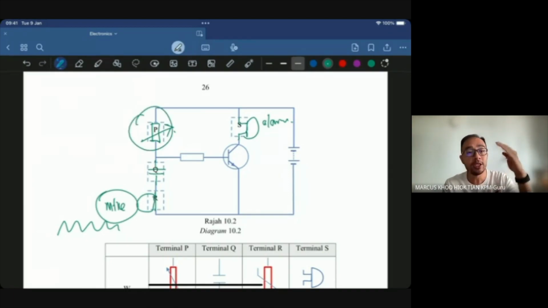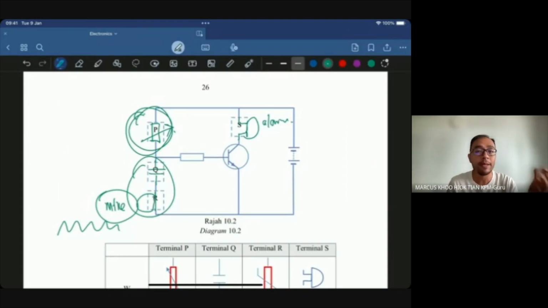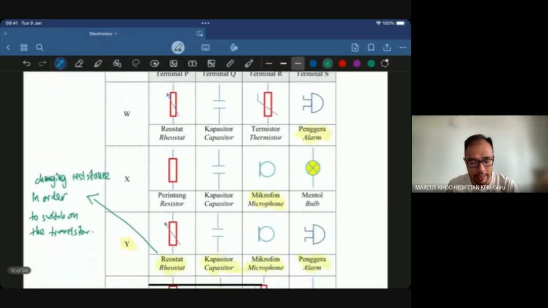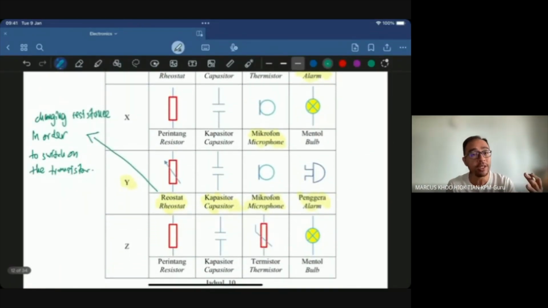So the function of this changing resistor is to change the resistance so that it can absorb some, and not absorb some, so that some of the voltage can go onto the top part, so that enough voltage will be at the base circuit. But for now, let's just set it as the rheostat's function is to change the resistance, so that the transistor can be switched on.